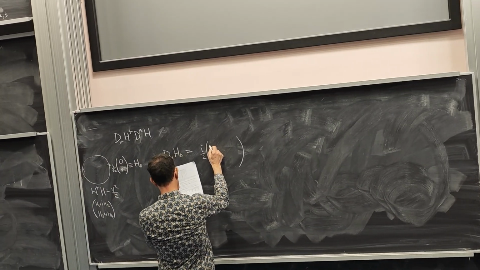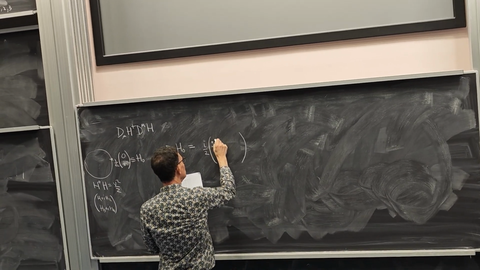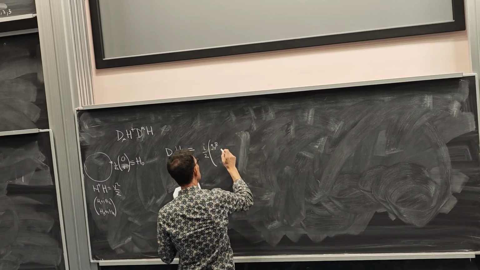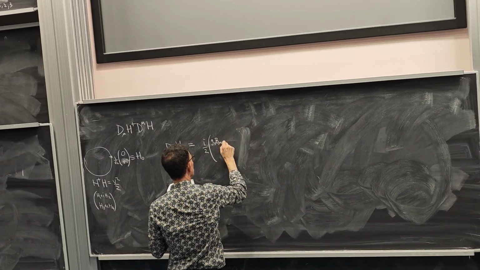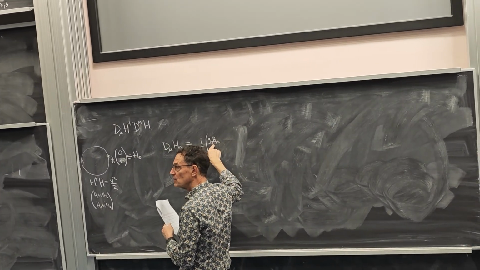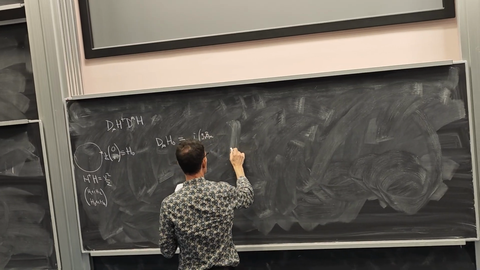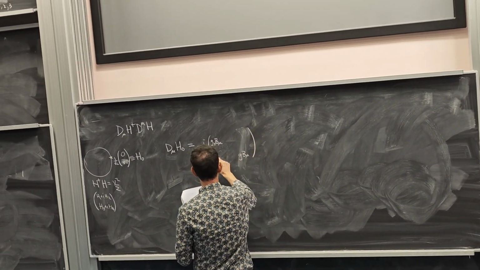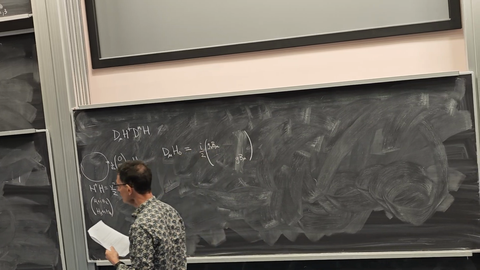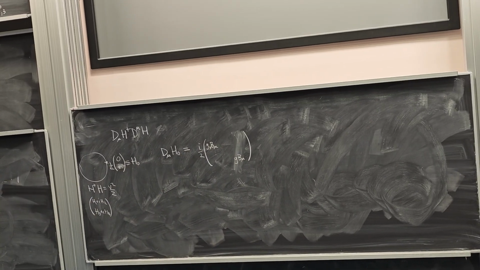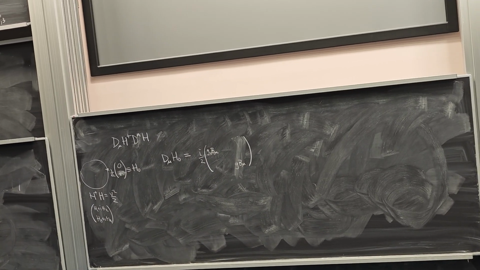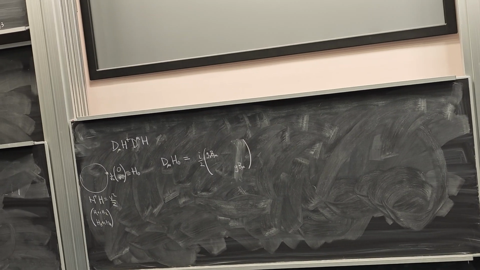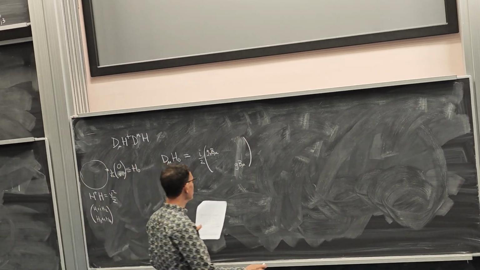So we have g_Y B mu, that was the U1 gauge field. And that comes into both components, because both components of the doublet have the same hypercharge of a half. So the 1/2 comes out the front.